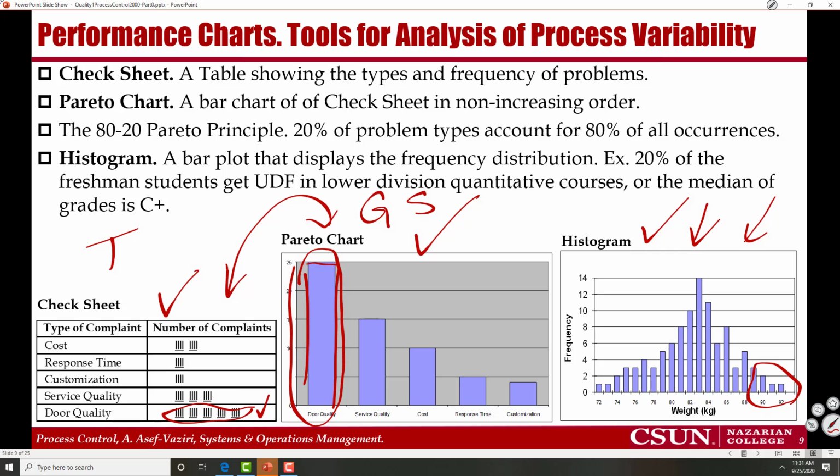This will stay the first, second, third, fourth, and fifth. So the graph looks like this. Indeed, the Pareto chart also has a general characteristic. It is not observed in all Pareto charts, but generally people say 20% of the problems appear 80% of the time, and perhaps 70% of the problems appear 10% of the time, and then 10% of problems appear 10% of the time.